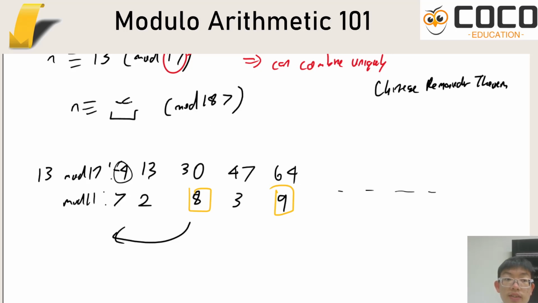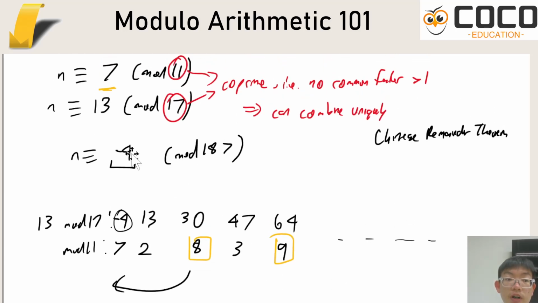And so it turns out that here n would be negative 4 mod 187, which is also a valid way to describe it. It would be the same as 183 if you have a phobia of negative numbers.